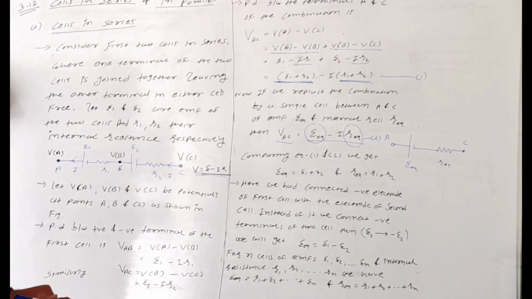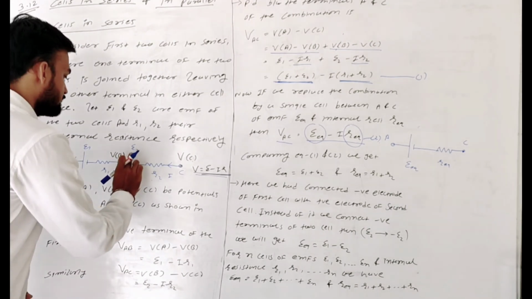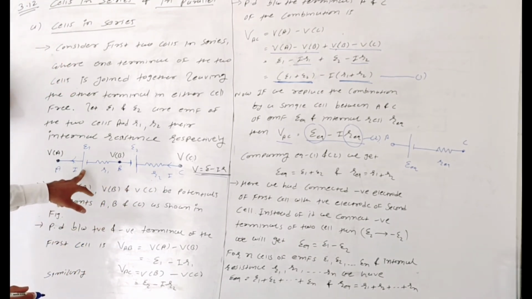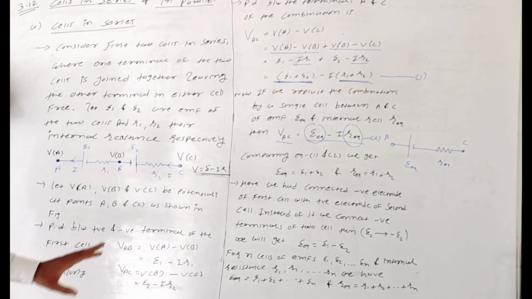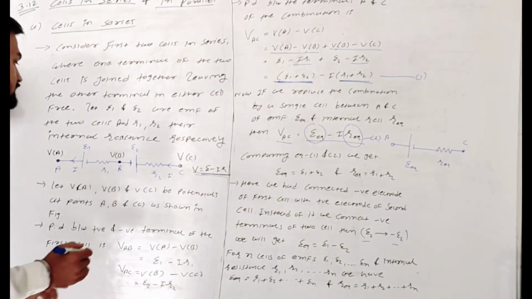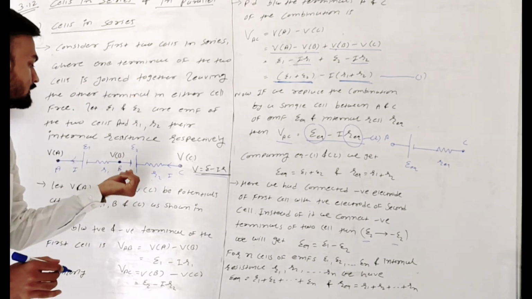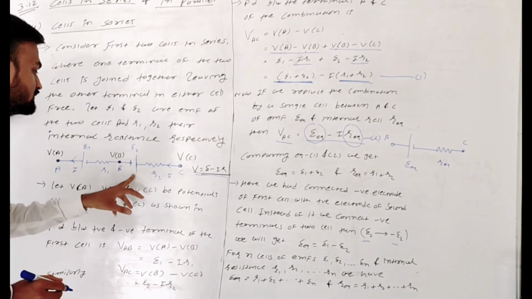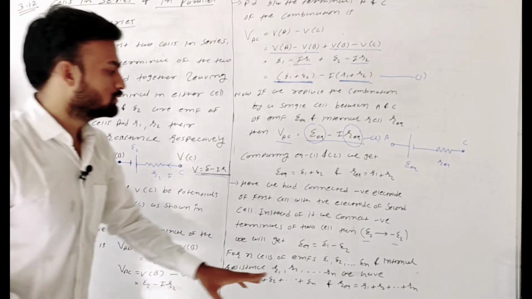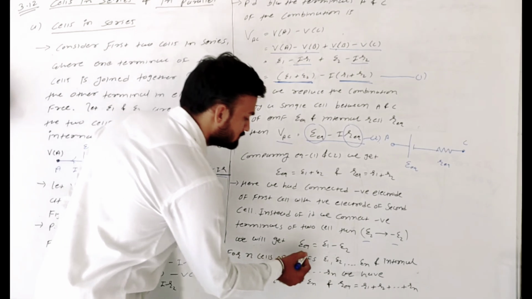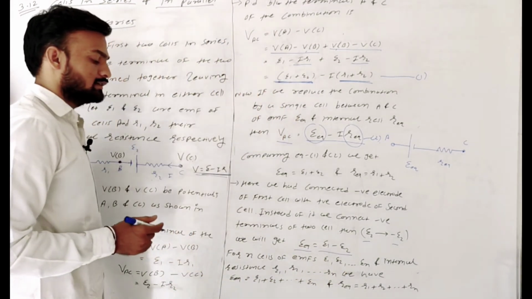Instead of it, if we connect the negative terminal of the second cell with the negative terminal of the first cell, meaning the negative terminals of the two cells are connected, then E2 is replaced by minus E2, because over here current is moving inside the electrolyte, or inside the cell, from positive terminal to negative terminal. So over here E2 is replaced by minus E2. So now the equivalent EMF becomes E1 minus E2.